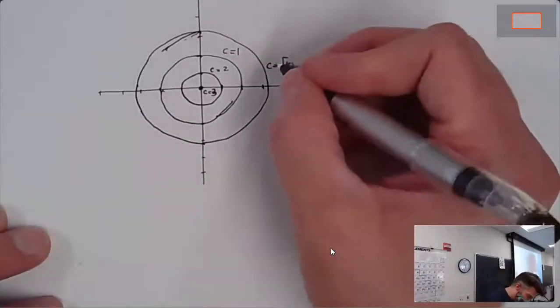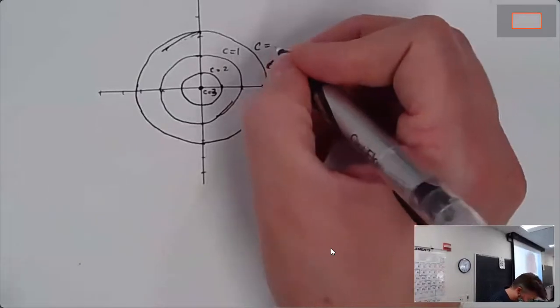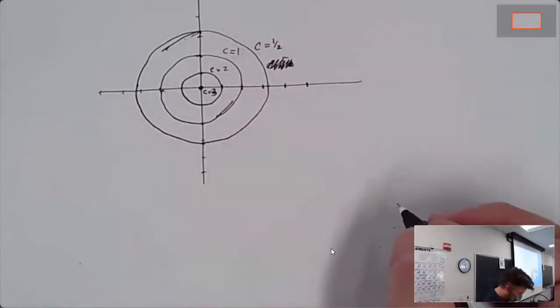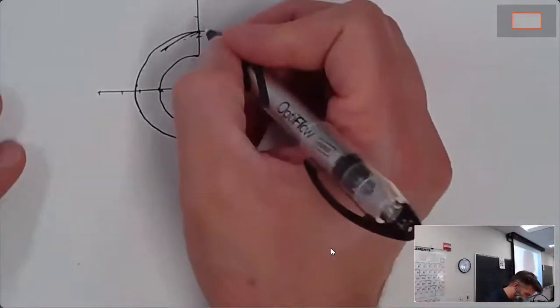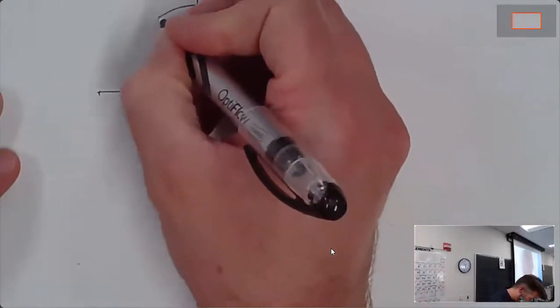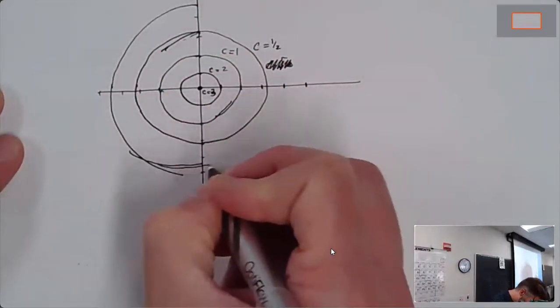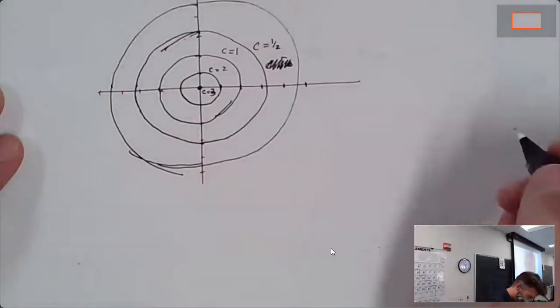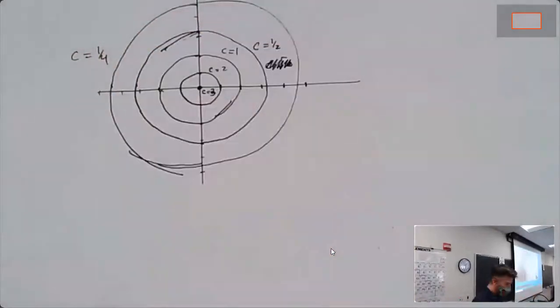It's not C equal to root 10, it's C equal to 1/2. And then finally, for C equal to 1/4, the square root of 22 is somewhere between 4 and 5. So that last circle is a little bit not great.